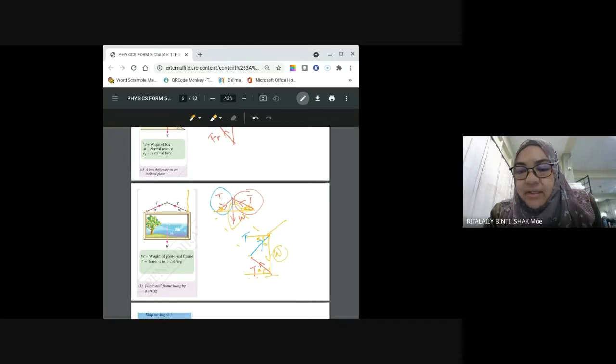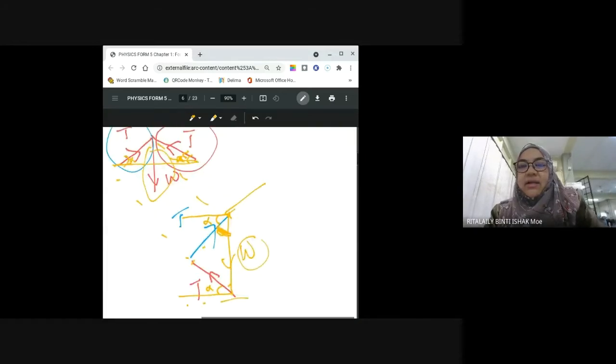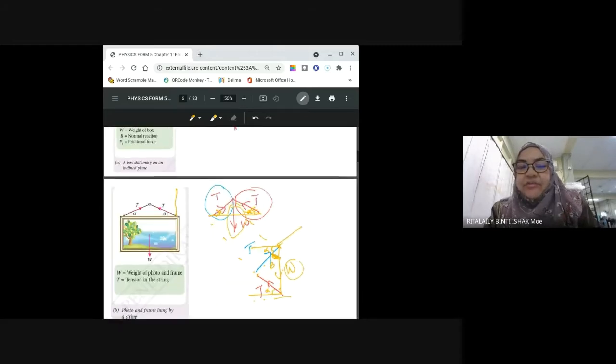This one. Is it the one that I'm drawing here? I label it as alpha, beta? Alpha and beta should be 90 degrees. Yes. How do I know that alpha and beta should be 90 degrees? If you refer to the diagram, W is here.